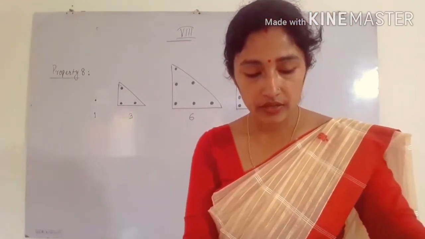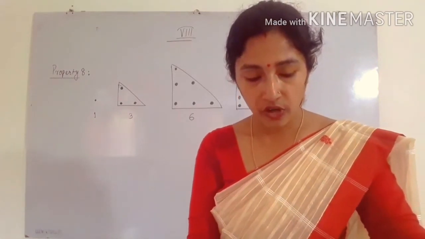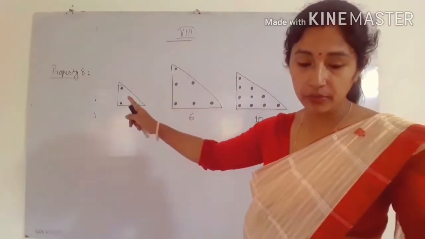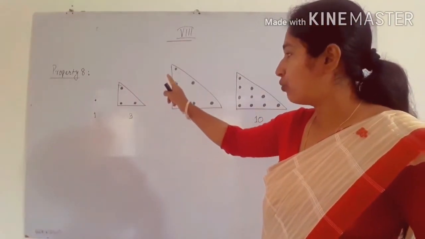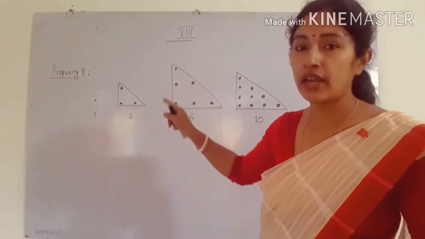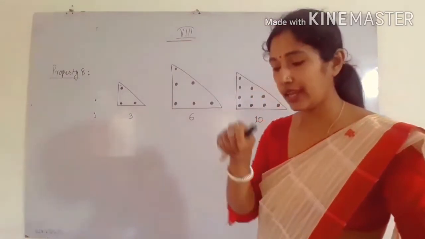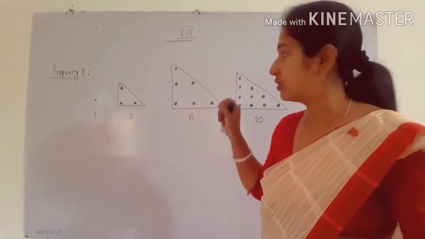See, there are some triangular numbers which are shown in your book. So the first number we have is 1. That is called a triangular number. Then 3 is a triangular number because we are putting 1, 2, 3 dots, and they are written in a triangle position. Like a triangle we have put the dots.